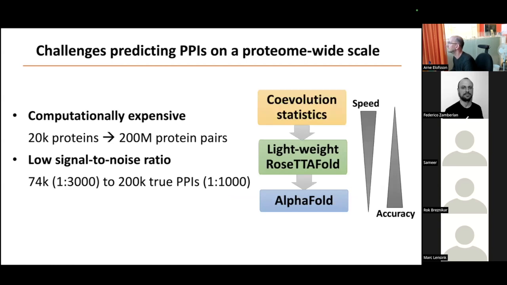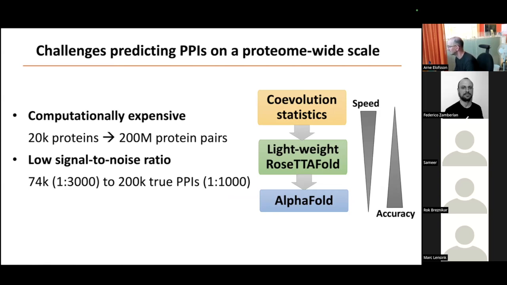With both these considerations, you want to constantly balance between the speed of your screen and the accuracy of your screen. Over the years, our trade-off between these two factors is that we usually use a hierarchical pipeline. We start with some fast but not too accurate tool and apply it to many millions of protein pairs.